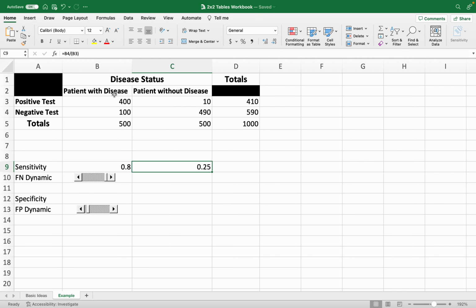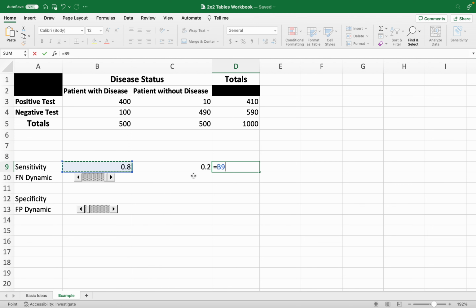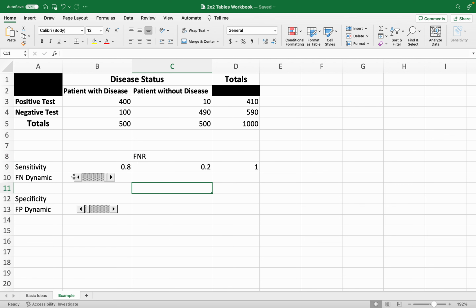And you will notice that the sensitivity plus the false negative rate is equal to 1. And that always has to be true. And so if we change the number of false negatives, you can see that as I adjust it, the number of false negatives goes down. The sensitivity increases and the false negative rate decreases, but they always are going to add up to exactly 1.